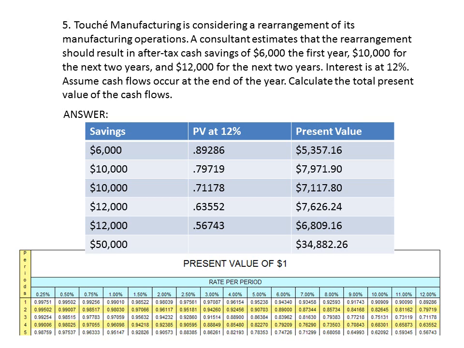A consultant estimates that the rearrangement should result in after-tax cash savings of $6,000 the first year, $10,000 for the next 2 years, and $12,000 for the next 2 years again. Interest is at 12%, and we must assume that the cash flows occur at the end of year. Calculate the total present value of the cash flows.